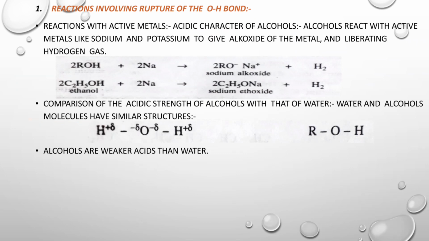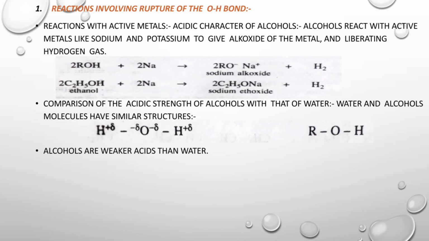First is reactions with active metals, that is the acidic character of alcohols. As we know, alcohols react with active metals like sodium (Na) and potassium (K) to give the alkoxide of the metal and liberate hydrogen gas.